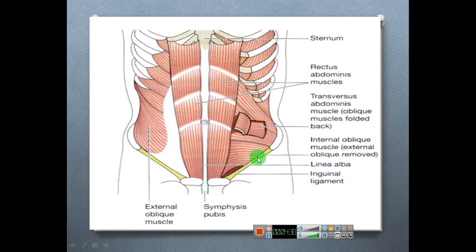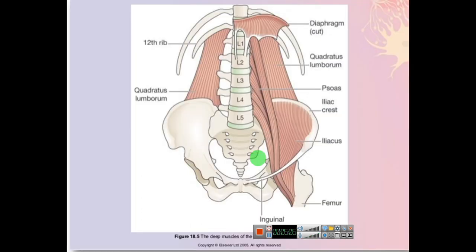What is a hernia? A hernia is a protrusion of bowel through a weak point in the musculature of the anterior abdominal wall or an existing opening. You have to keep it in your mind. A hernia is a protrusion of an organ or part of an organ through a weakened wall, weakened point.